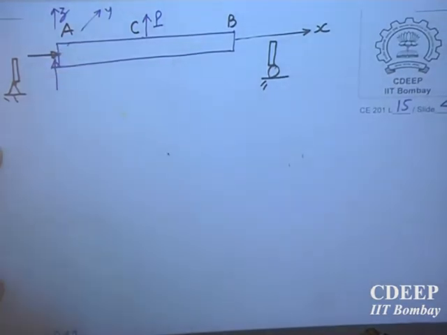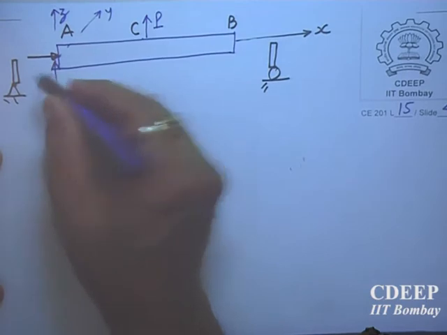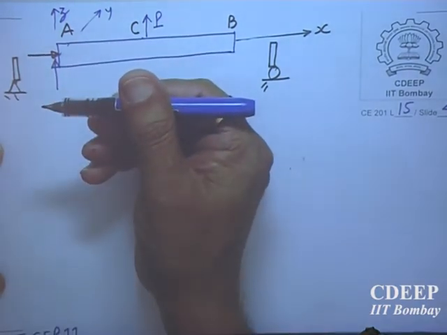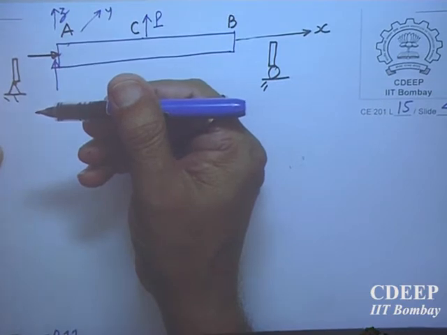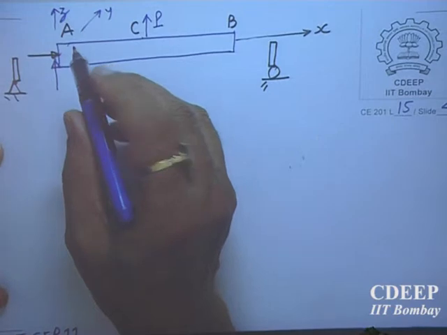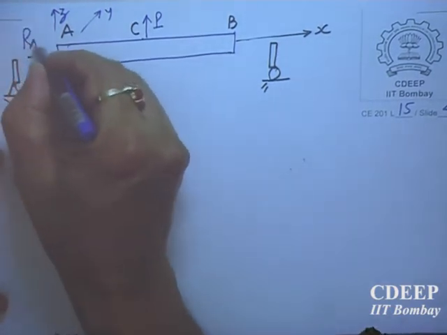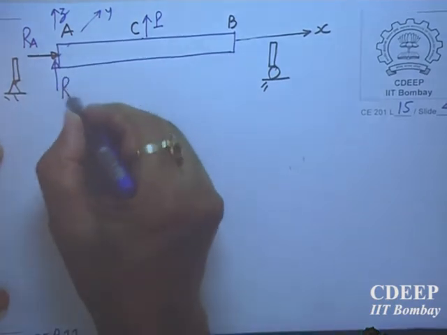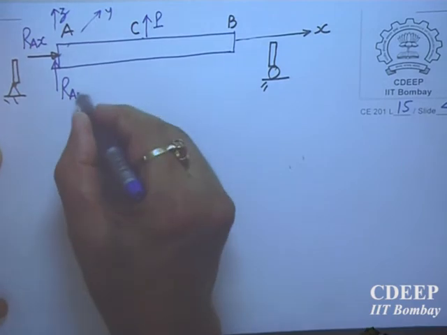So this point will be subjected to two reactions, and I will call it reaction at point A. There are two: one will be RA, the reaction at A. This one is AX, and this will be AZ.